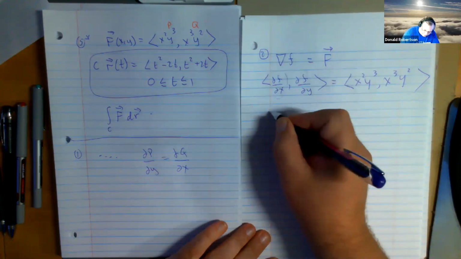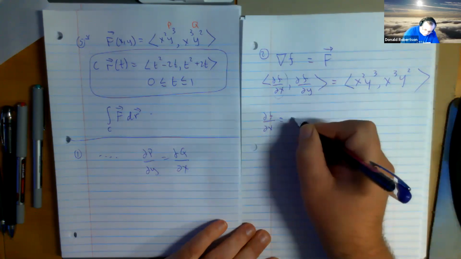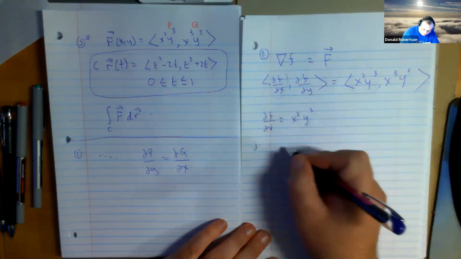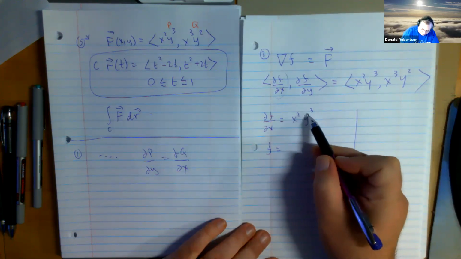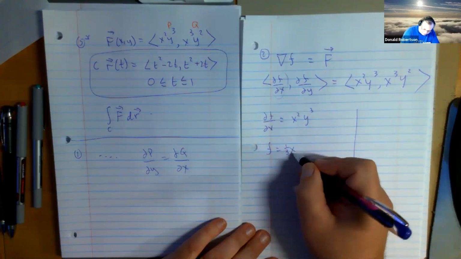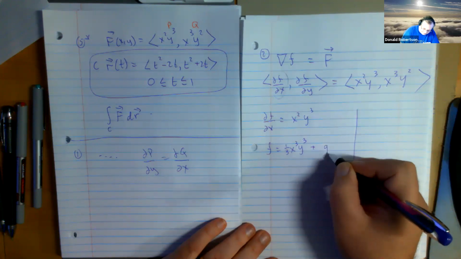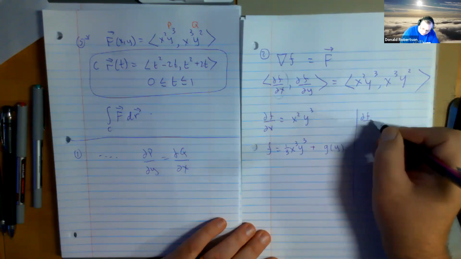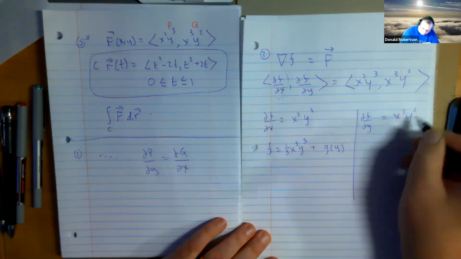If you use this fella first, then that, what does that give me? Well, if you integrate this with respect to x, you get 1/3 x cubed y cubed plus some unknown function of y. If you take that guy, he's going to be equal to x cubed y squared.